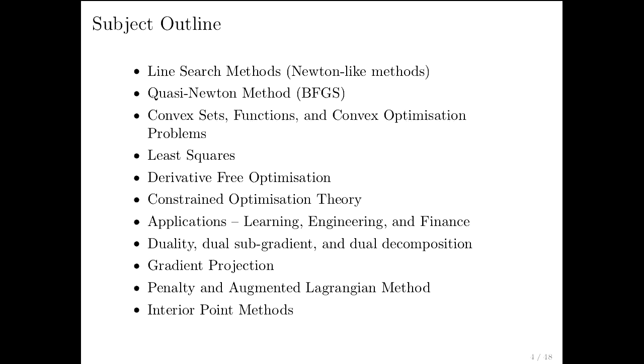Then in the third lecture, we will have a bit of an excursion to convex functions, convex sets, and convex optimization, what it means when we talk about convex optimization. Then we will spend some time on least squares, probably the most famous application of numerical optimization.